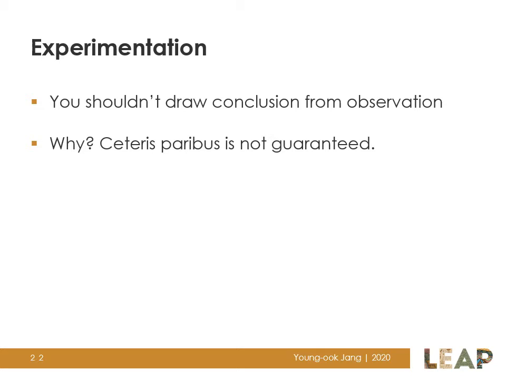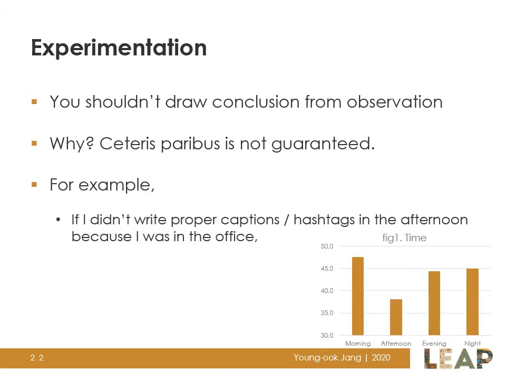Okay? So for example, in terms of timing, I tend to have more likes in the morning and fewer likes in the afternoon. But it might not be because of the timing of the posting, but because of the quality of captions or the number of hashtags that I have in the afternoon, because I was in the office.